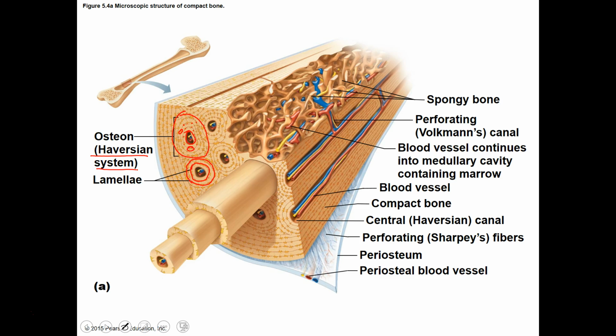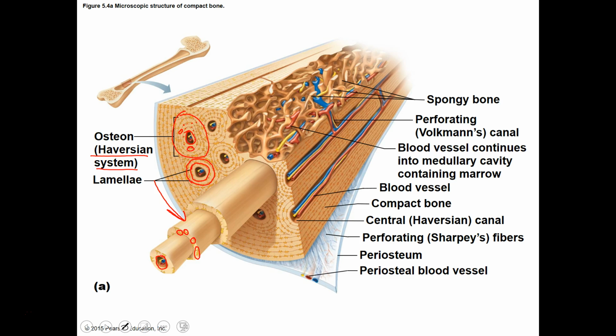And then we have concentric layers of osteocytes, or bone cells, surrounding that. And this right down here is a little better depiction of a lamella. And then we can see the osteocytes down here, and here's the central canal right here in the middle. So that's basically the network of how bone is laid out.